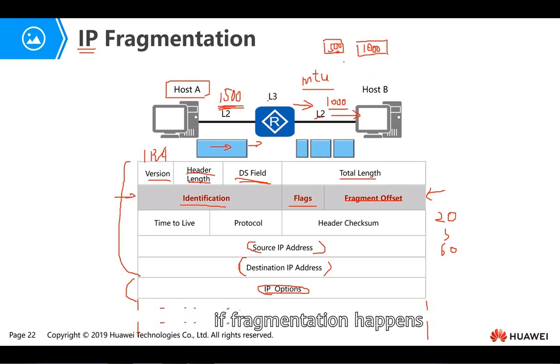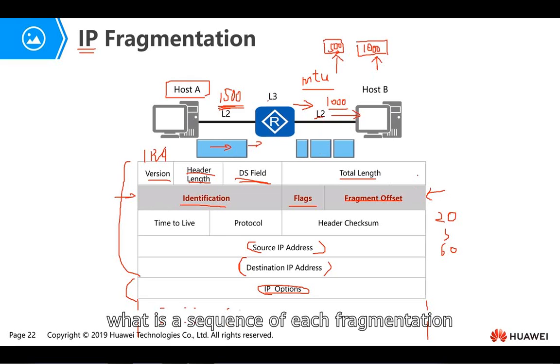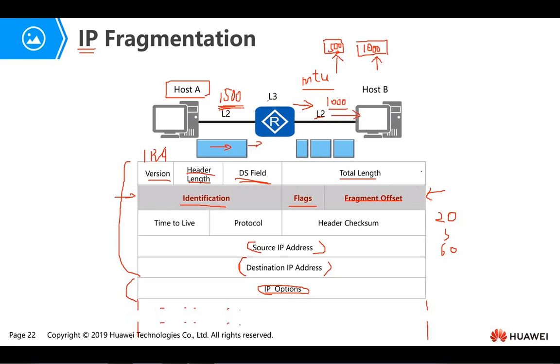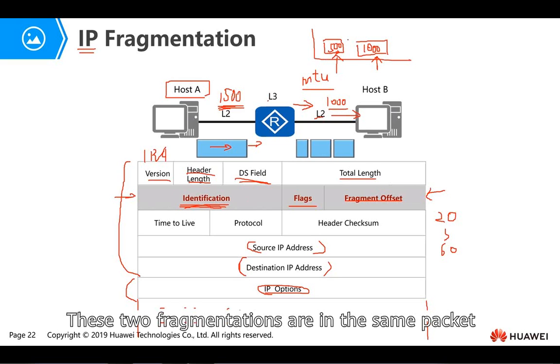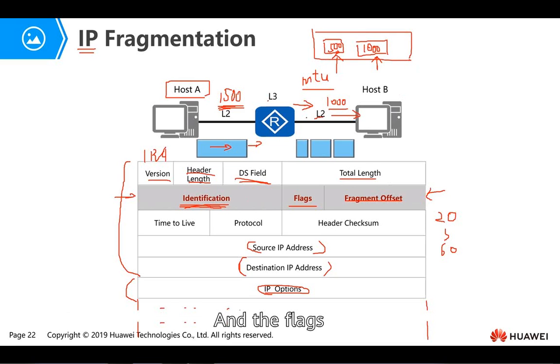If fragmentation happens, we need fields to identify that fragmentation has happened and the sequence of each fragment. The identification identifies that these fragments are in the same packet. The flag identifies whether the fragment is in sequence: this is the first and this is the last.